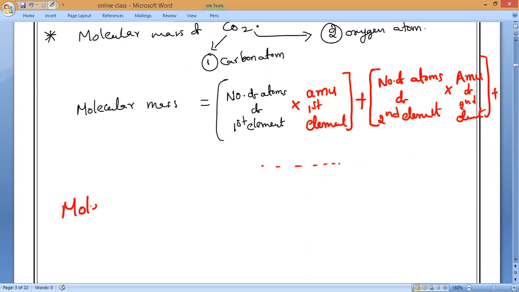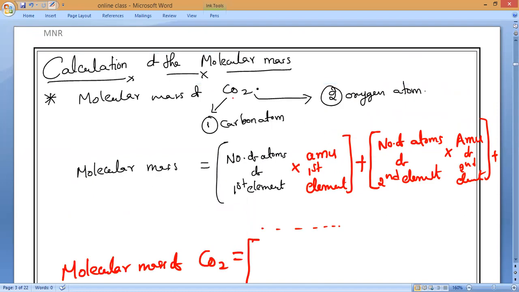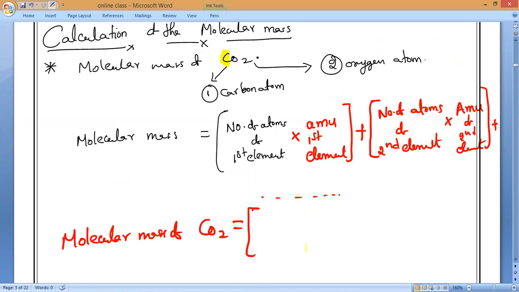So you can write molecular mass of CO2 is equal to number of atoms of first element. Who is the first element here? Carbon. How many carbons are there? One. 1 into, what is the atomic mass of carbon?